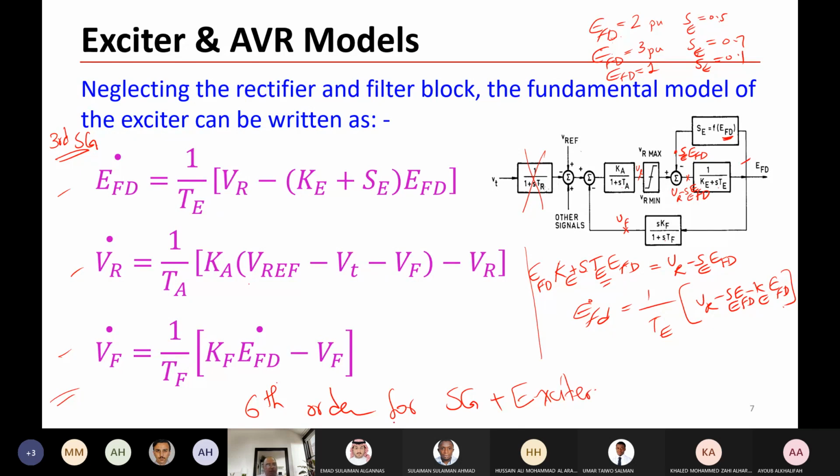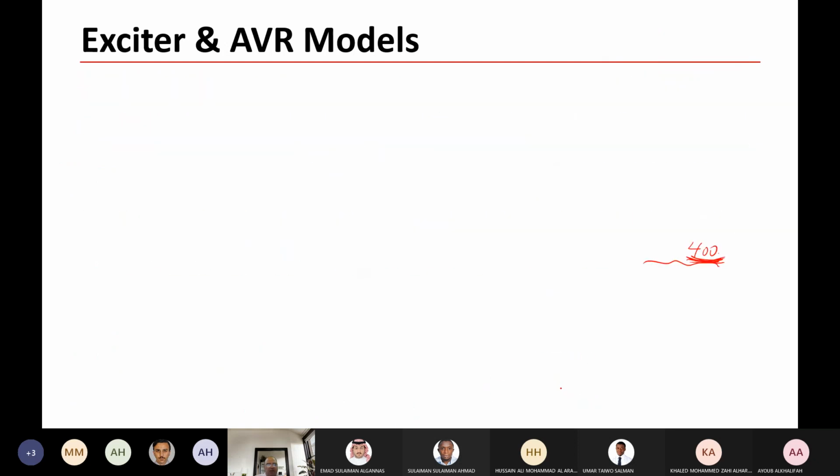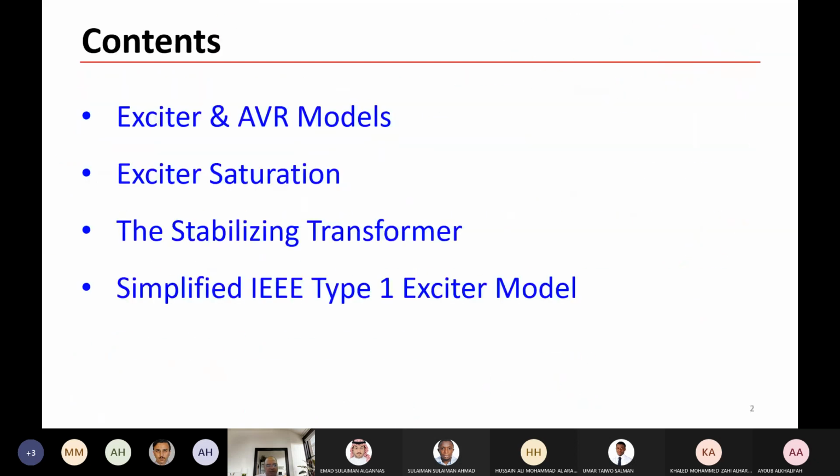Okay, so we can add this. Of course, if you still remember, the third equation in the synchronous generator model has EFD in it. I don't know if you still remember this or not. Do you still remember the equations of the third order model?